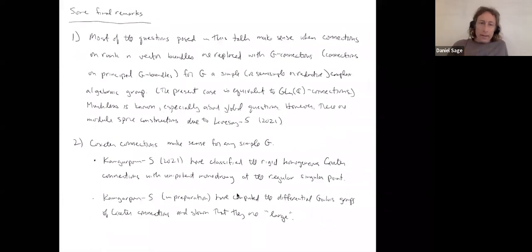Okay, and then I wanted to make some final remarks about things that I didn't talk about, in addition to the things that I just skipped over. In my abstract, I mentioned G connections, and today I've talked entirely about GL_n connections. A G connection is a connection on a principal G bundle. Much of what I'm saying makes sense for G connections, where G is simple or semi-simple or even reductive.